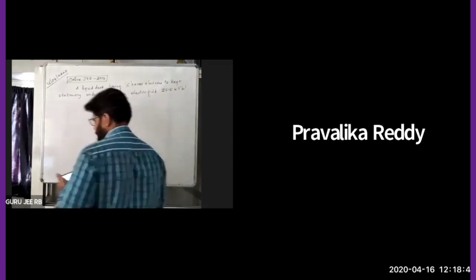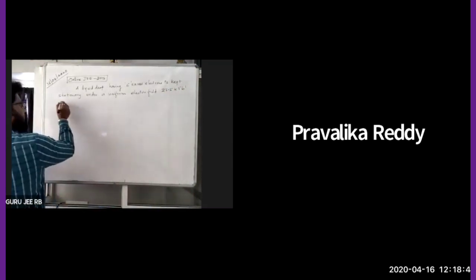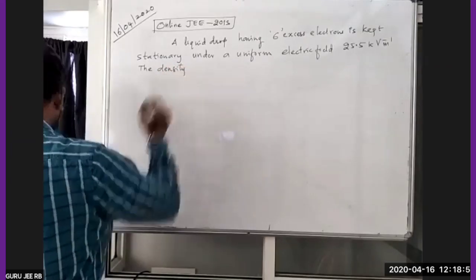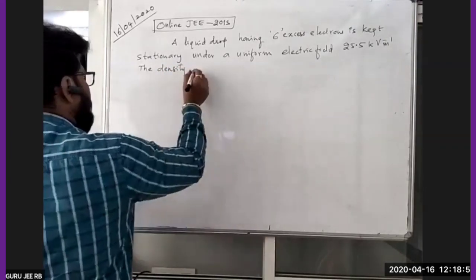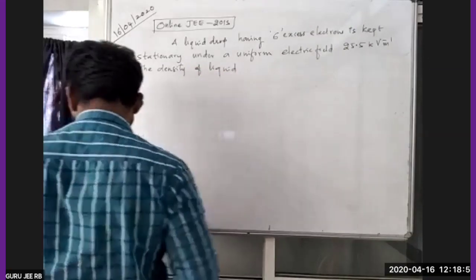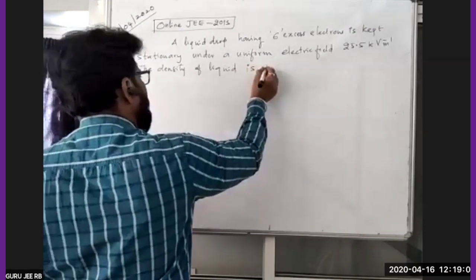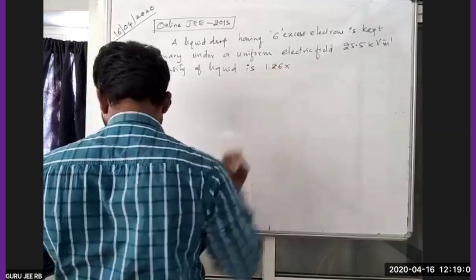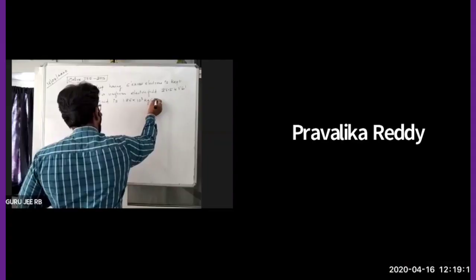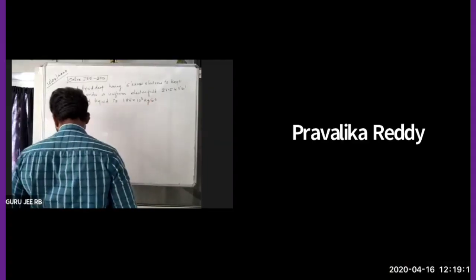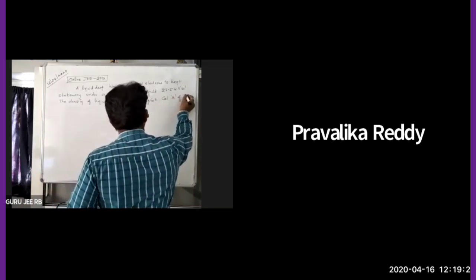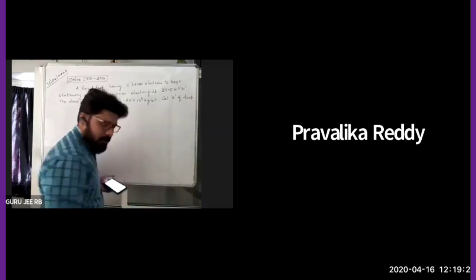The density of liquid is 1.26 into 10 to the power of 3 kg per meter cube. Then the radius of the drop is calculated. This is the question given.